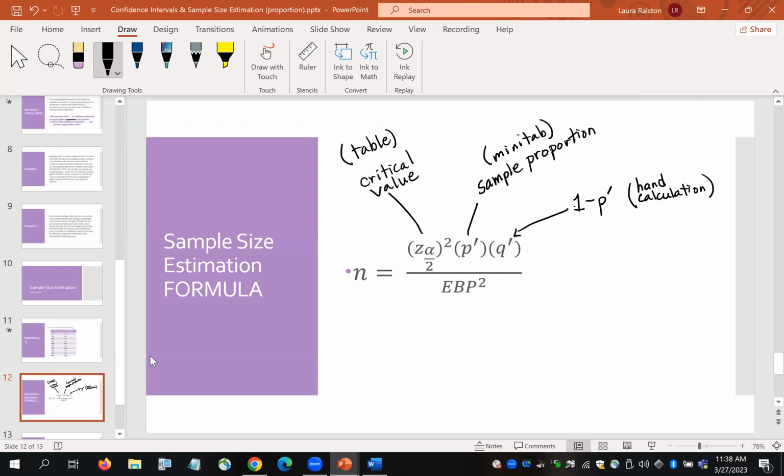Remember, the sample proportion is your success, and the Q is your failure. And then EBP squared: again, you're going to square it, but this is your margin of error for the proportion.